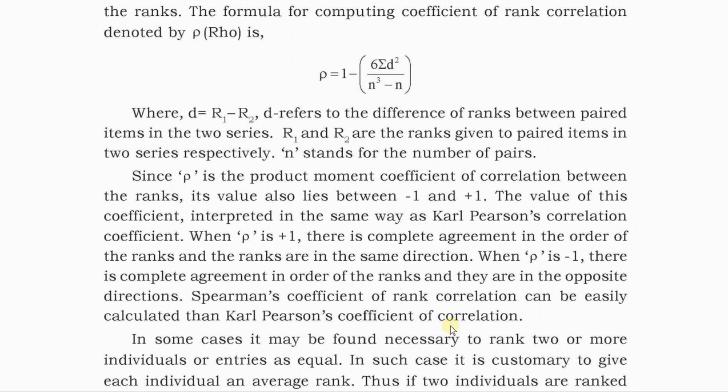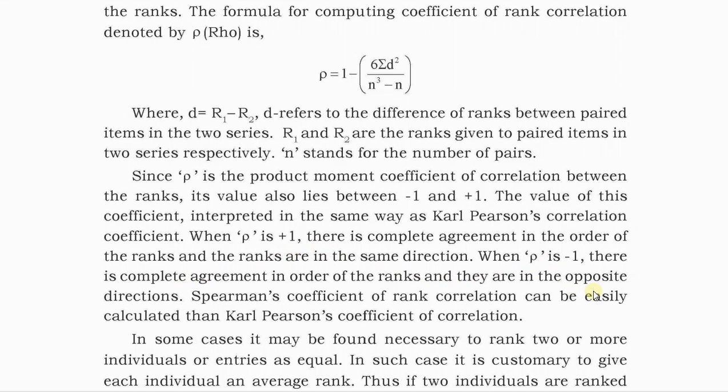Since rho is a product moment coefficient of correlation between the ranks, its value also lies between -1 and +1. The value of this coefficient is interpreted in the same way as Karl Pearson's correlation coefficient. If rho is +1, there is a complete agreement in the order of the ranks and all the ranks are in the same direction.